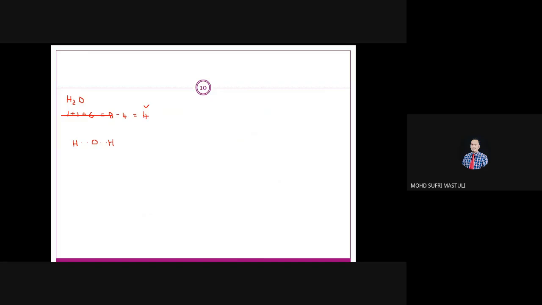Since it's 4, automatically we know they form 2 lone pairs. So 4 minus 4 is 0, which means we have used all the total valence electrons. So this oxygen is connected with single bonding.